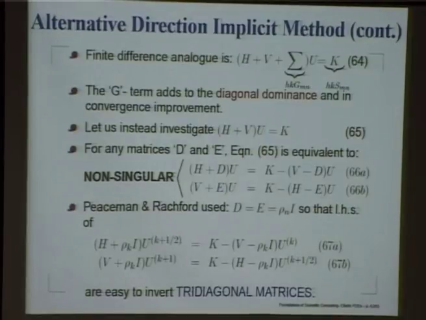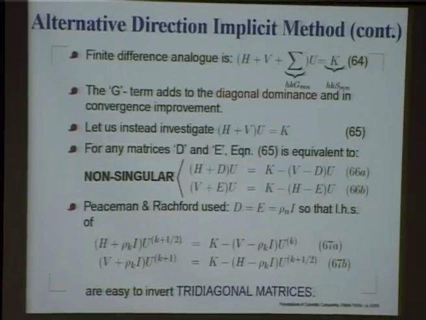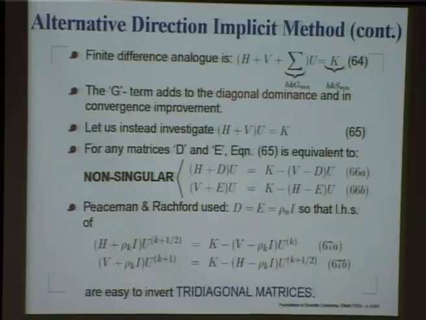So, what is new apart from the discretization? What is new? Well, this is where the people working in the area of ADI came up with the idea that we could split this equation, h plus v operating on u to provide that right hand side k, in two steps. What we do is given in equations 66a and 66b.